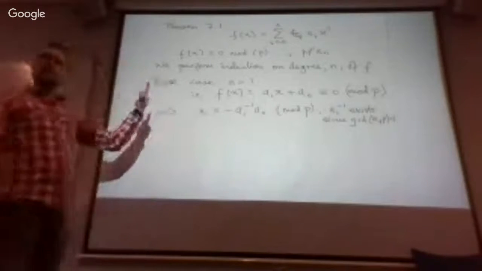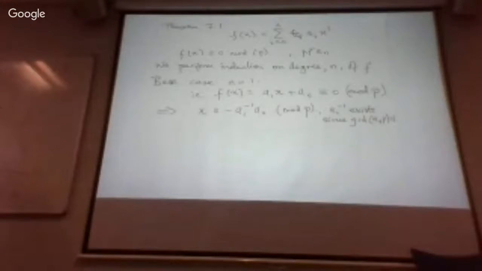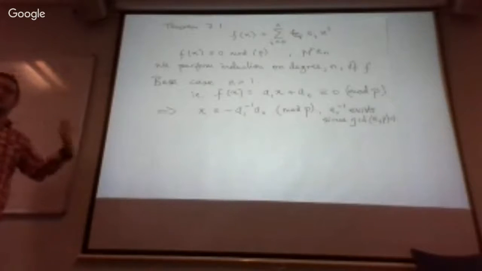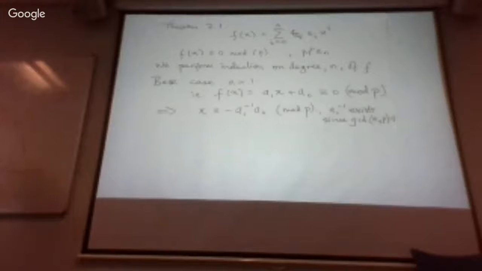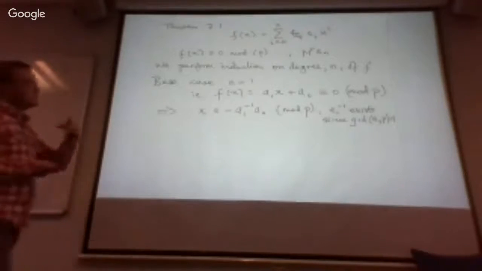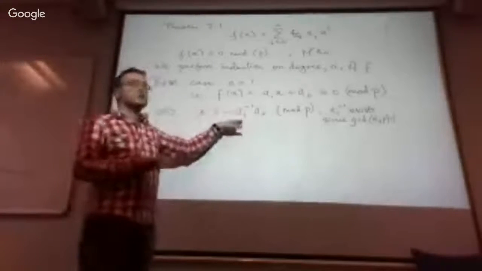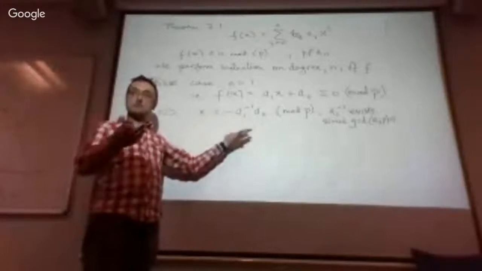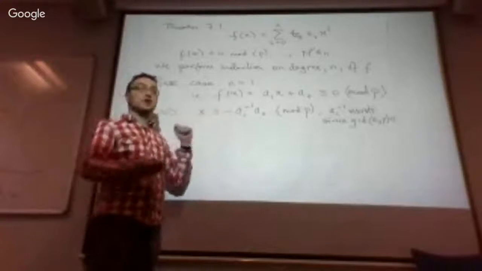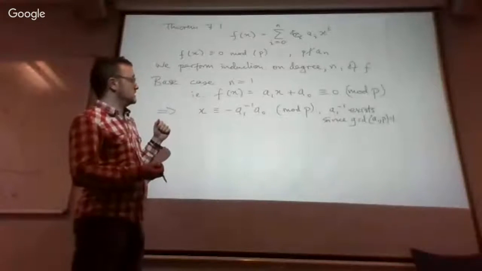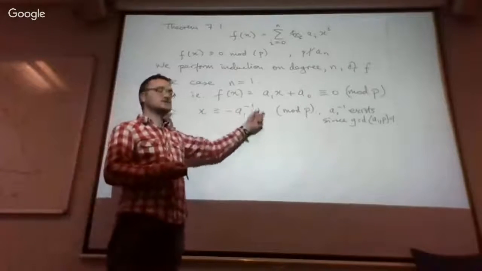Is that the base case? Does that prove that the theorem holds? Well, the theorem is saying that the degree of the polynomial is an upper bound of the number of solutions. It's less than or equal to n solutions, whatever the degree is. Well, here's something of degree 1, and it only has one solution. So the theorem is true for degree 1 polynomials, okay? Because any x that solves it has to be congruent to this.